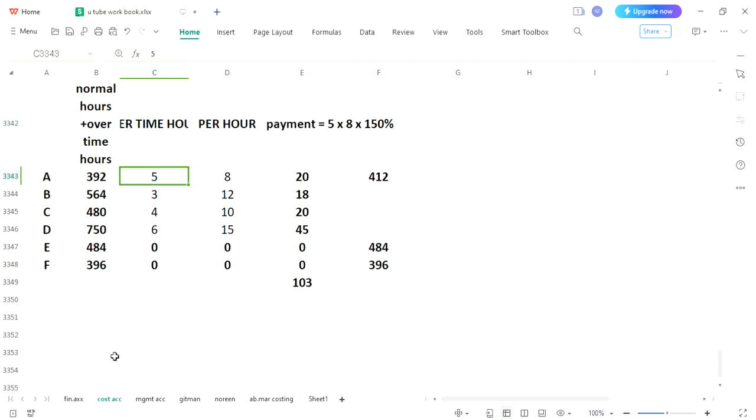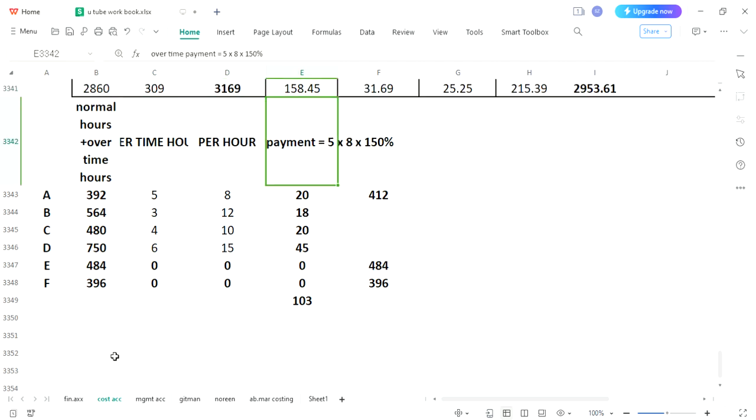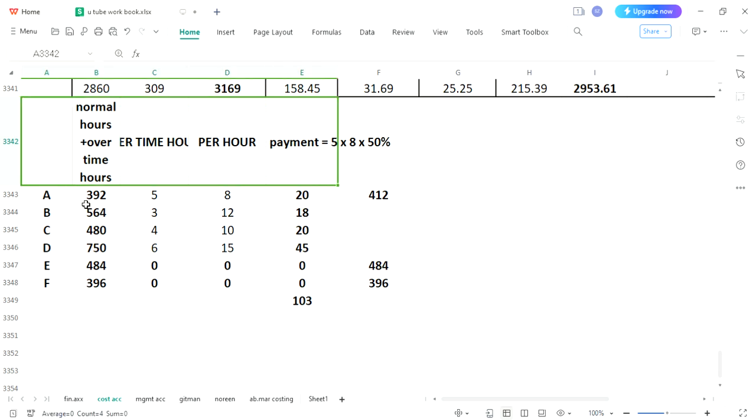And how you will do overtime payment? This was the difference, instead of writing 150%, one part of this overtime is also already included, so you will be adding only 50% in second method. This way you have completed your second option or second part.